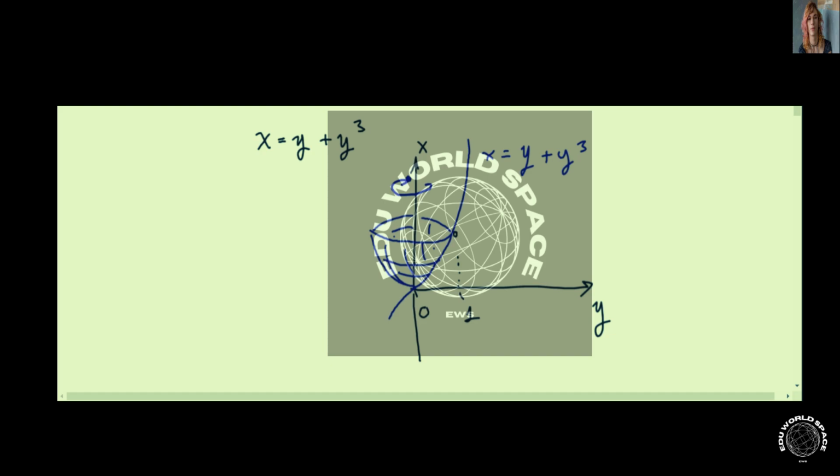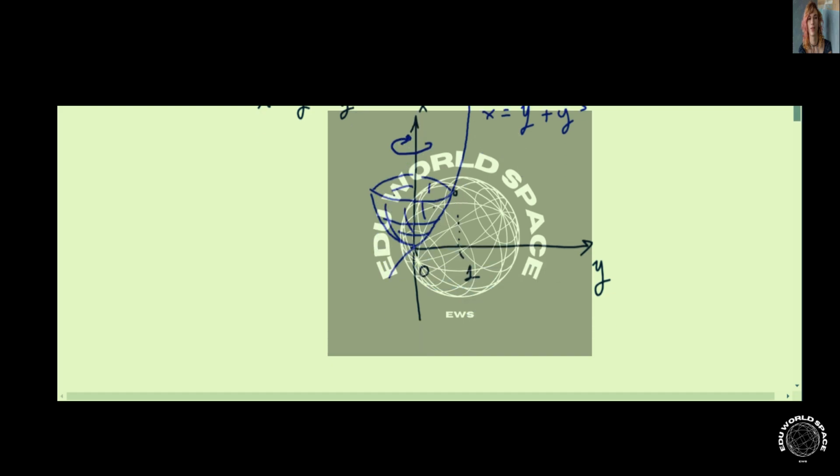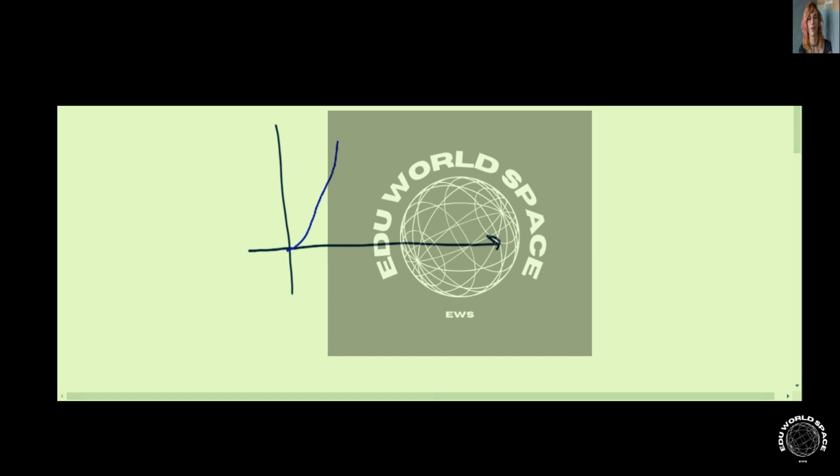And we would also like to compute the area of that same curve, but now rotating about the y-axis.